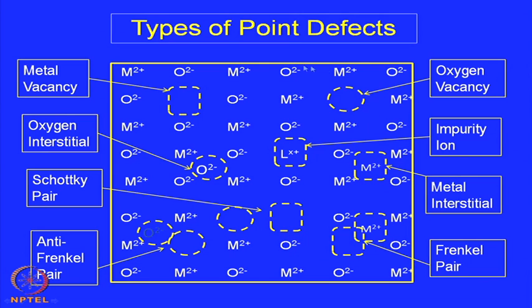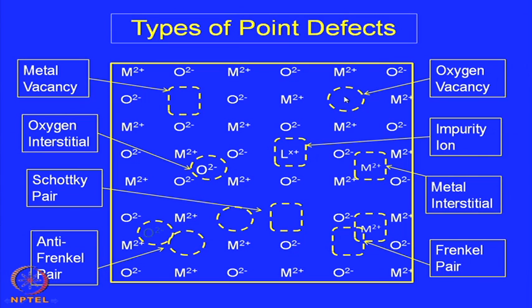For example, this is basically the lattice MO, ideally alternate sites of metal and oxygen are there in any direction. The first one is what we call the oxygen vacancy. Vacancy is nothing but a missing lattice point, here in the oxygen sublattice.